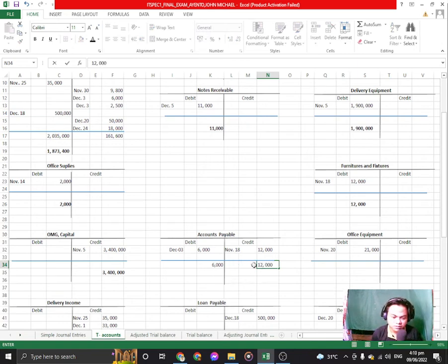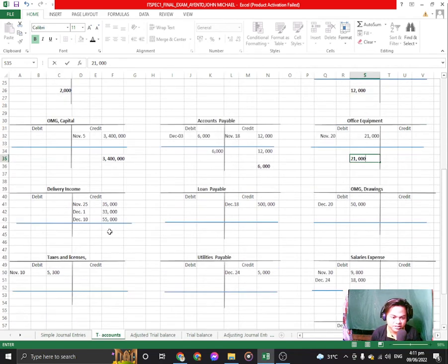So, 12,000 pesos minus 6,000 is 6,000 pesos gihapon. Iyang total amount sa accounts payable, gi-merge na ang debit and credit. And here is 21,000. Copy na nato siya.